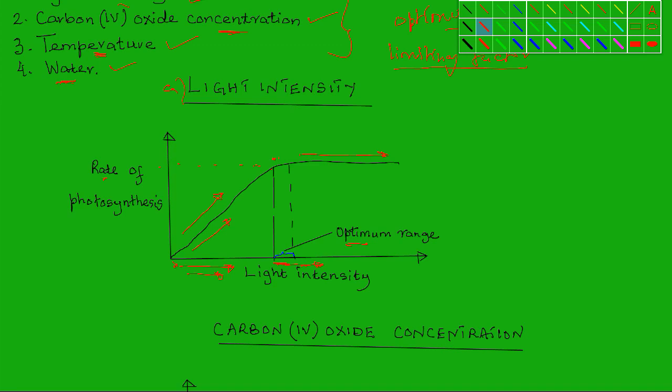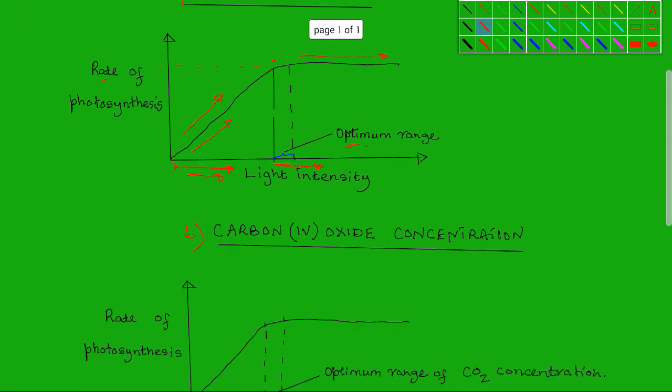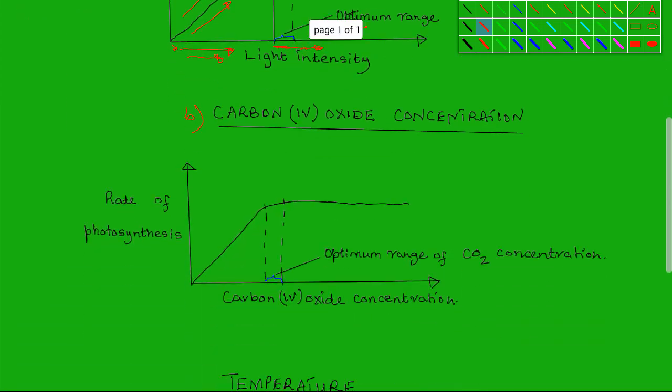Now turning to the second factor, that is carbon dioxide concentration. Under normal conditions, the concentration of carbon dioxide in the atmosphere is about 0.04%.